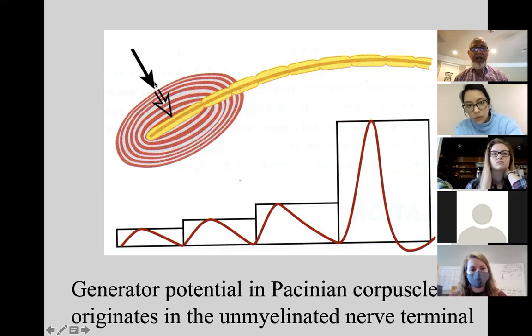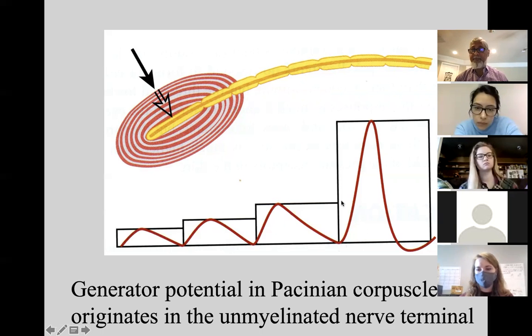So if you apply a stimulus on a Pacinian corpuscle, initially, if the stimulus intensity is small, it will create a potential like this. But the nerve that is attached to this one has a resting membrane potential and a threshold for excitation here. Unless this generator potential reaches this level, no action potential will be generated.